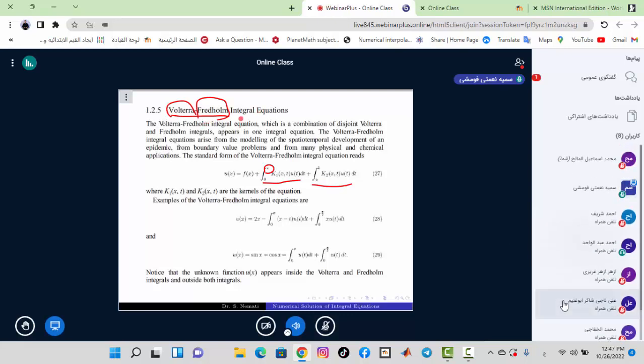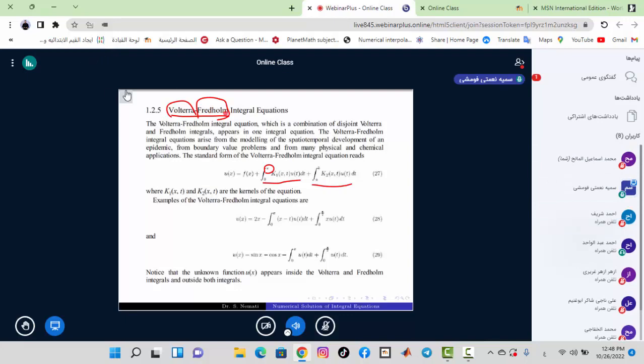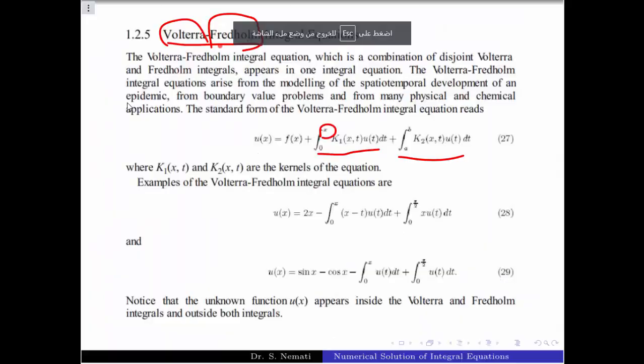You can see both names in different books. In some books you see Fredholm-Volterra integral equations, and in some others Volterra-Fredholm. There is no difference. It just means that you have both Volterra and Fredholm type parts in an equation.